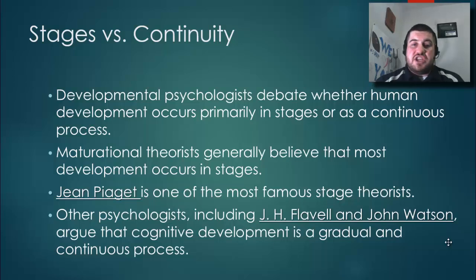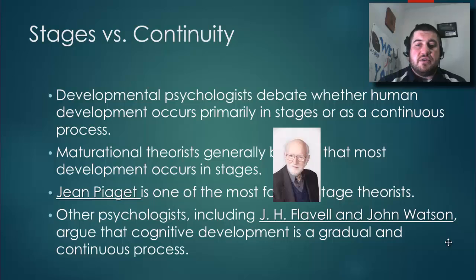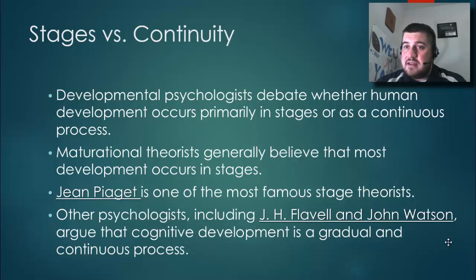We're going to be learning about Jean Piaget's theories of cognitive development in children, and he is one of the most famous stage theorists. He says that children go through 4 distinct stages from their birth all the way up until the age of 18. And other psychologists, including Flavell and Watson, of course, argue that cognitive development is a gradual and continuous process, and we add to it every single day.